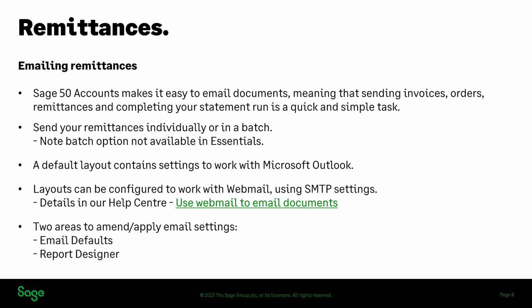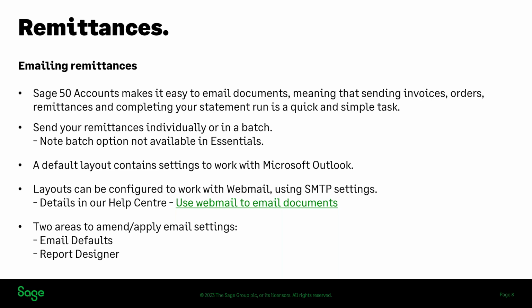Now, there is a default layout that contains settings that work with Microsoft Outlook. We've looked at that one. If you use webmail, then you can configure your remittance layouts, or any other layouts in the software for that matter, to work via SMTP. There's information in our help center on how you go about doing that.